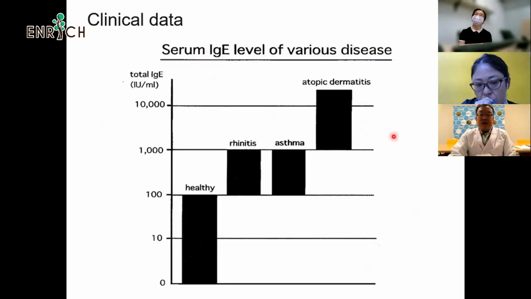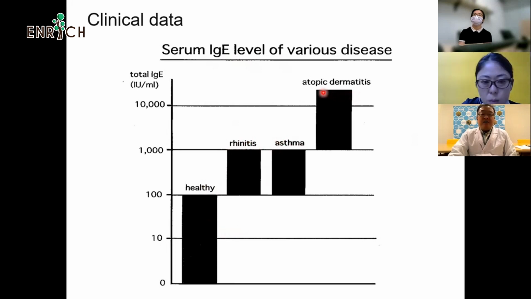Based on these basic evidences, we conducted clinical trial of pear seed extract. In this slide, I'm showing the blood IgE levels in subjects. As you can see, serum IgE levels in patients with rhinitis or asthma are 10 times higher than healthy subjects.